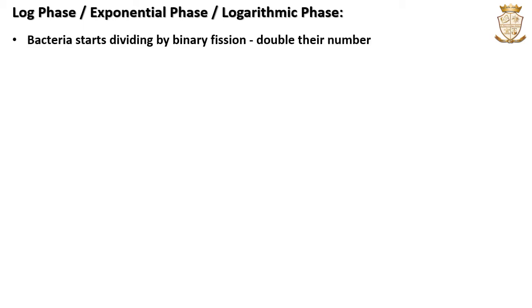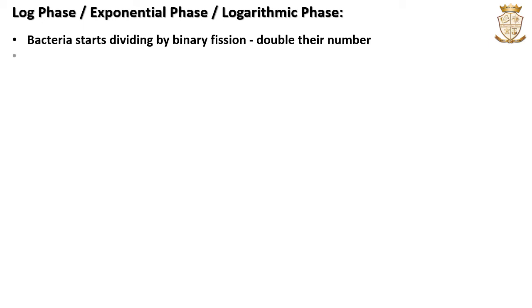The next, or the second phase in a bacterial growth curve is log phase, which is also known as exponential or logarithmic phase. During the lag phase, the bacteria are getting adapted to the new environment, and once their metabolic machinery is running properly, the bacteria start dividing by binary fission, and as a result, they double their number.